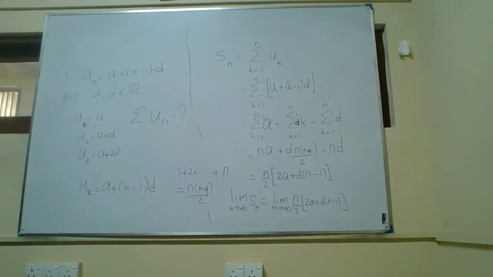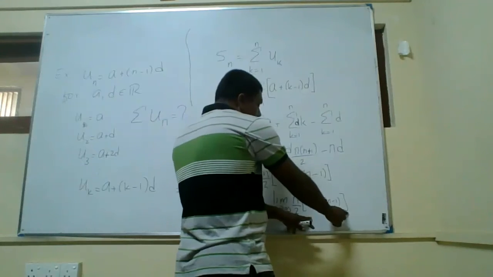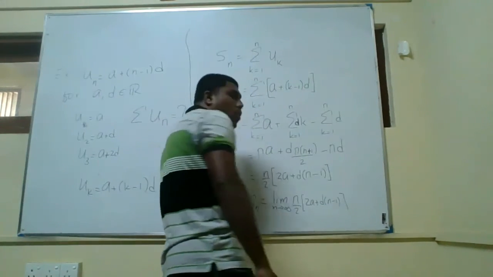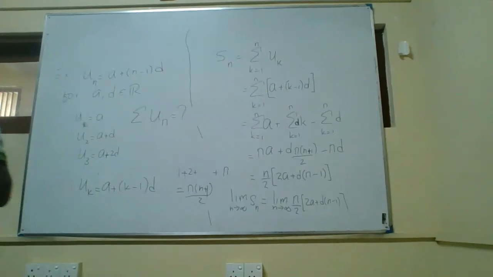So clearly, irrespective of what this term is, the n over 2 will always dominate and push everything towards infinity, depending on whether d is positive or not.